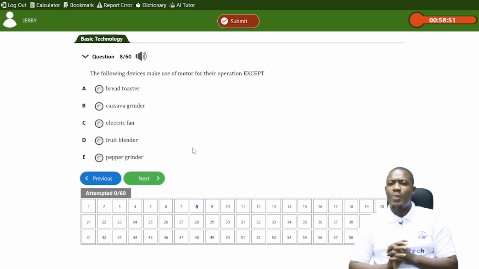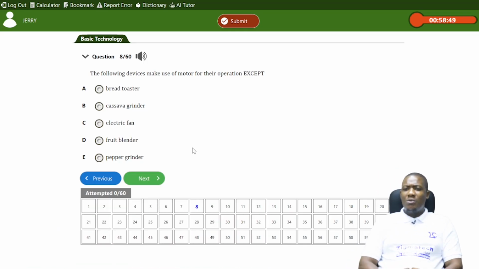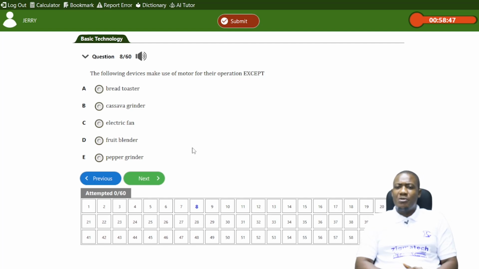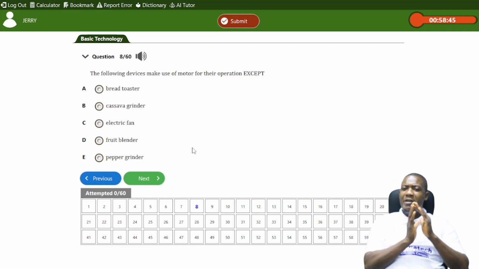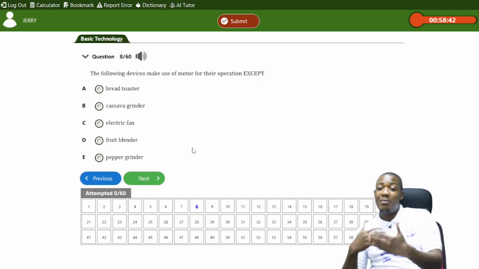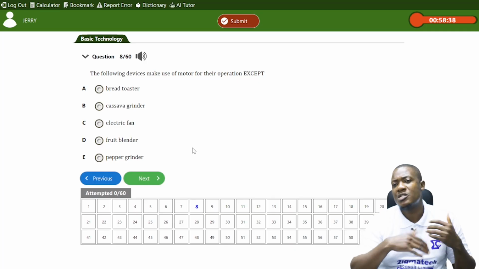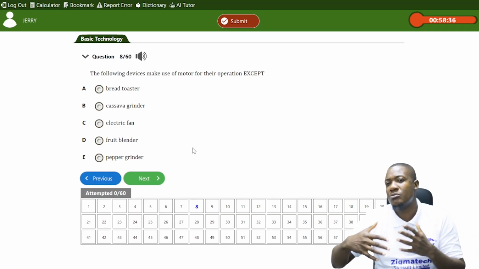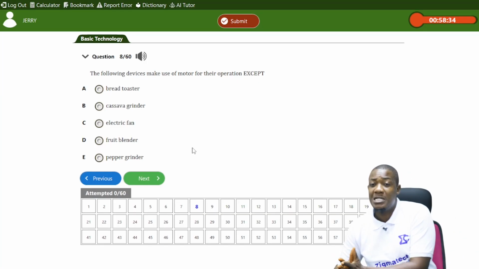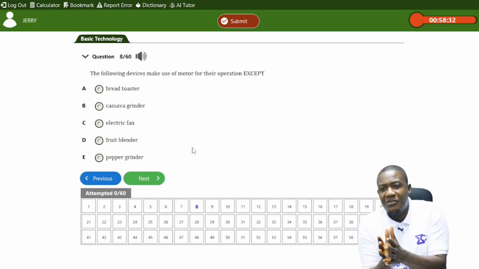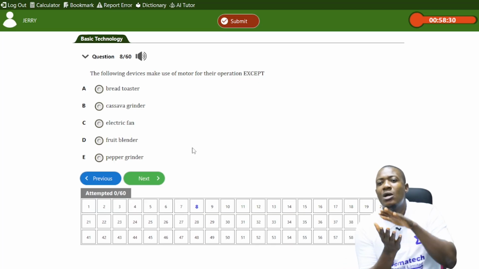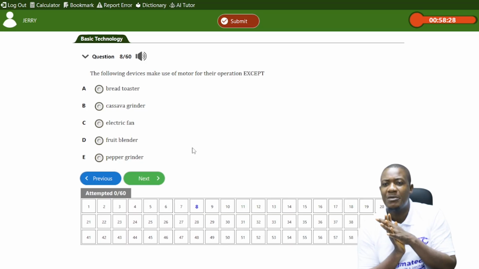Okay. Now, from option B to option E, they all involve movement of a body part of the machine. I told you that all these machines whose body parts move for them to be operated achieve that because they contain motor in them, right?